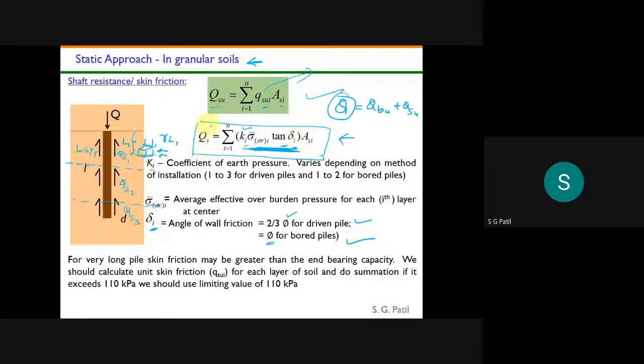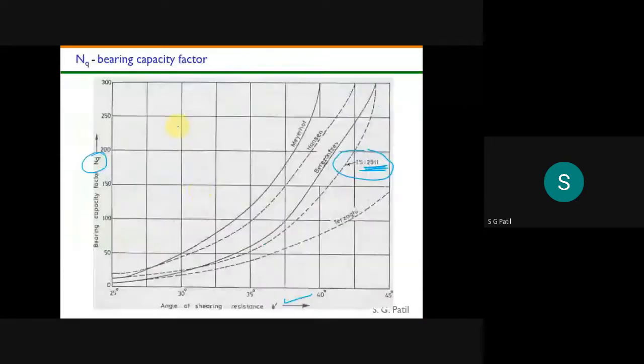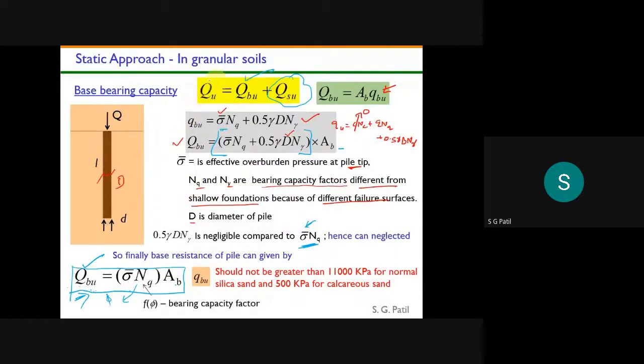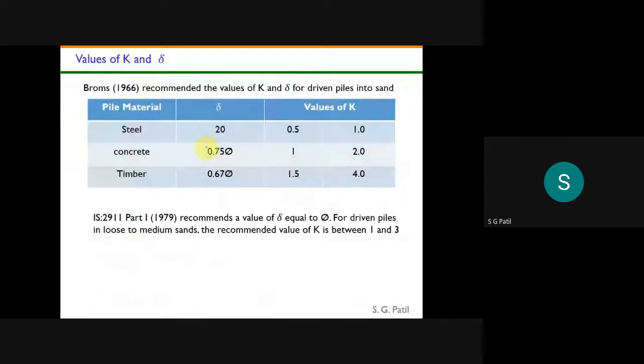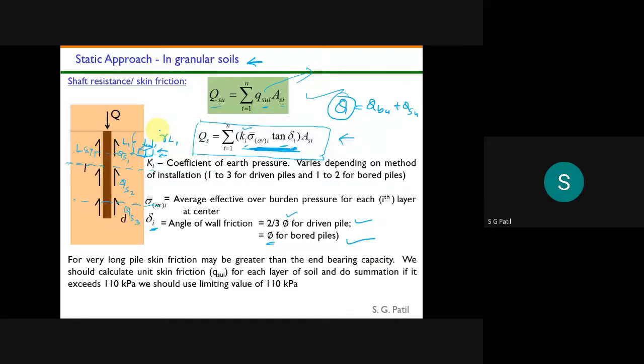Once I get the total Q, some values they have given, like how you can get the delta value. Whatever delta we are talking about here, usually the IS code will tell you two-third of phi value, or you can take it equal to phi value for bored piles in the IS code.